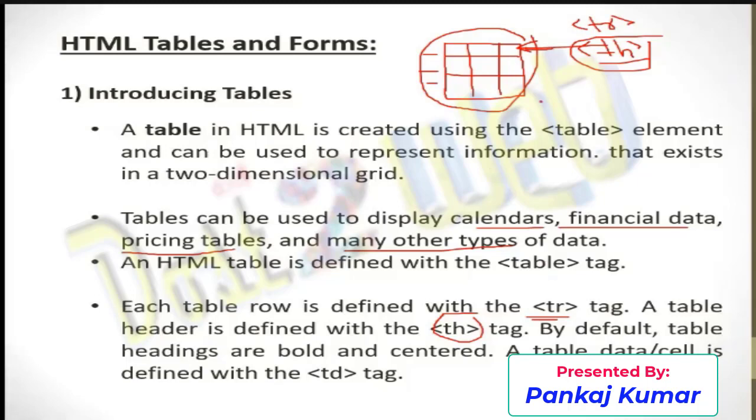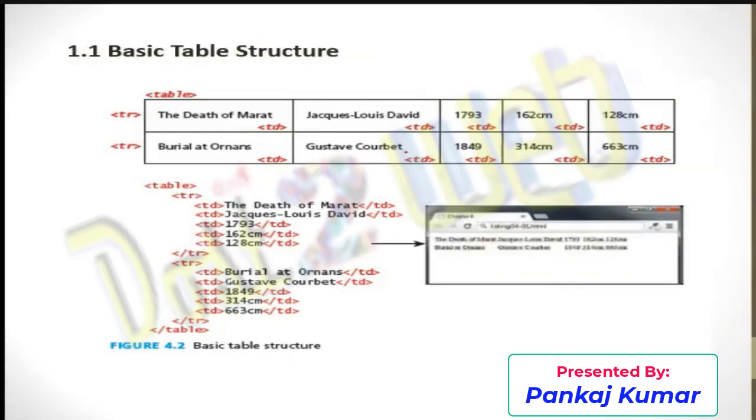Okay. And if you want any data inside the table row, right, then that time you have to use td. Td means table data tag. Okay, these are the three tags we generally use in table creation. You can see the example here.